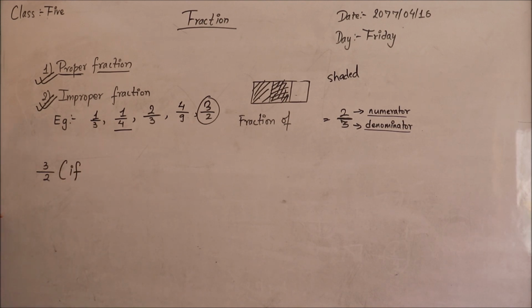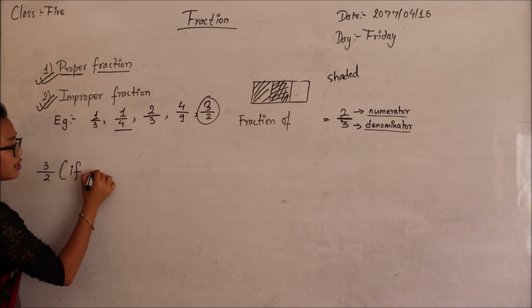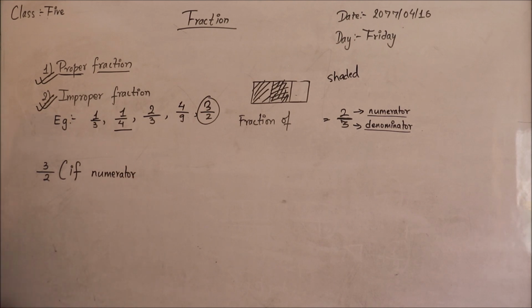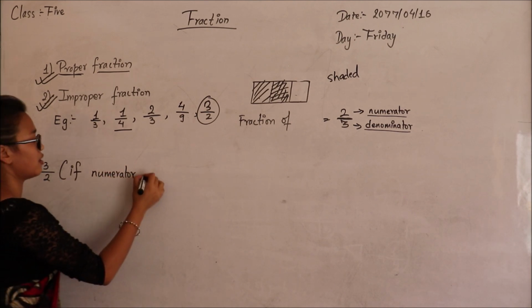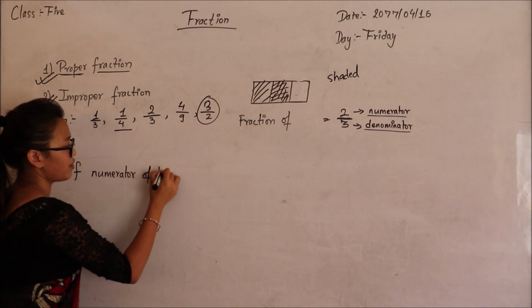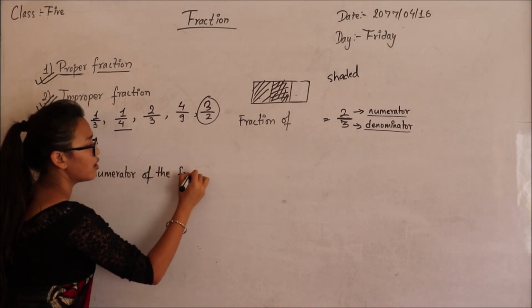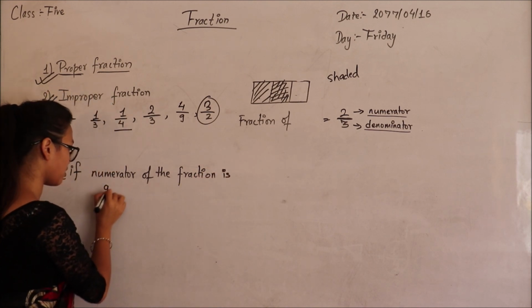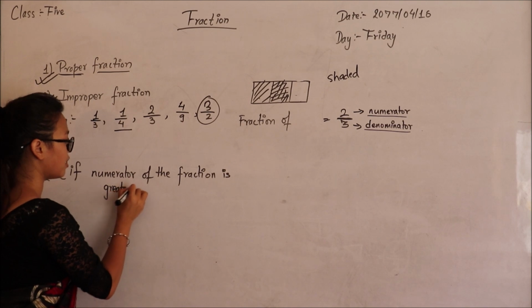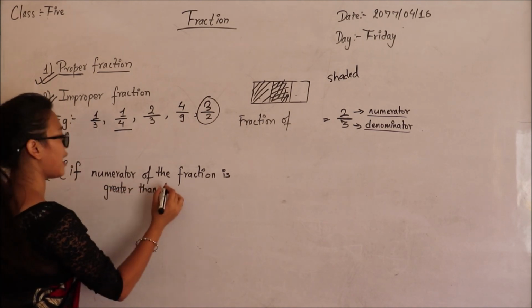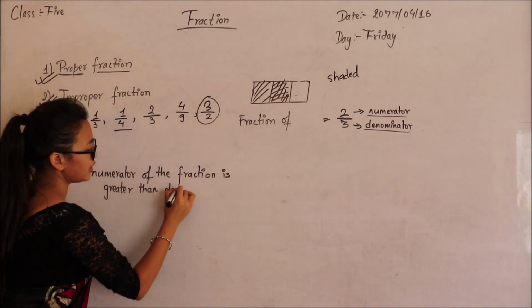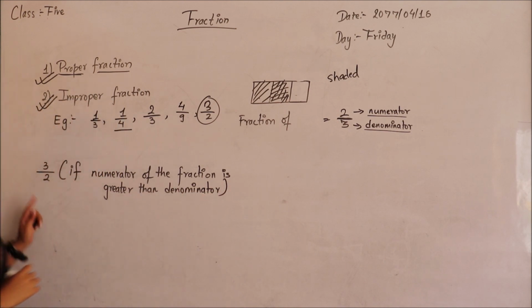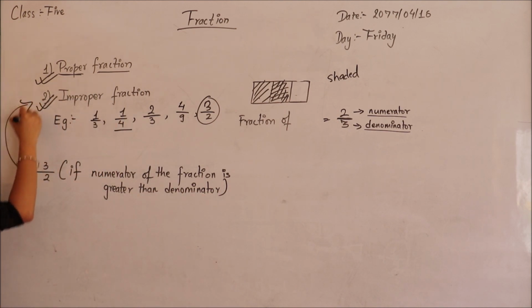If the numerator of the fraction is greater than the denominator, then this fraction is supposed to be an improper fraction.